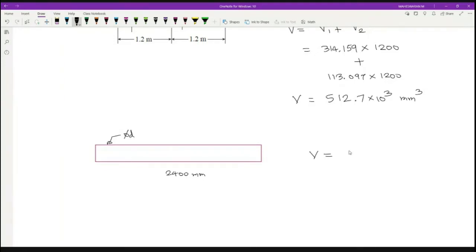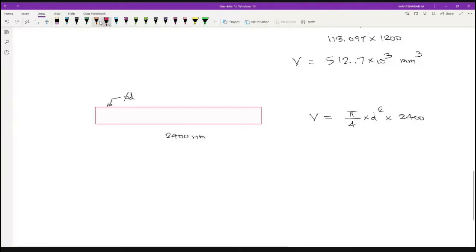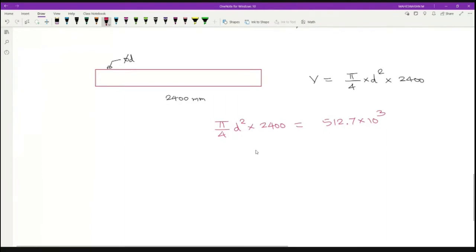The area is pi by 4 into d square. I don't know my d, that's why it is pi by 4 d square cross section area into length. Length is 2400. So these two volumes are the same, and I can relate them. So pi by 4 d square into 2400 is equal to 512.7 into 10 power 3. So find out what is your diameter here.